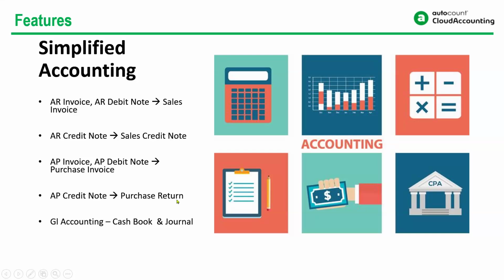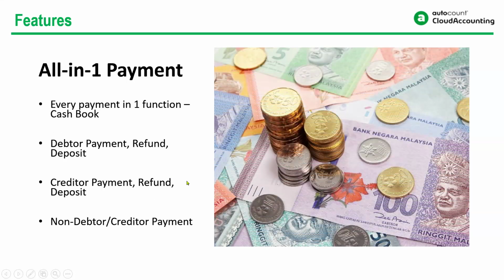And we also have the GL accounting, where you key in all your cash book entries, and also we have the journals. This is the all-in-one payment, every payment in one function, the cash book. Whether you are doing payment for GL, debtors or creditors, or non-creditor, non-debtor payment, it is all in one screen.